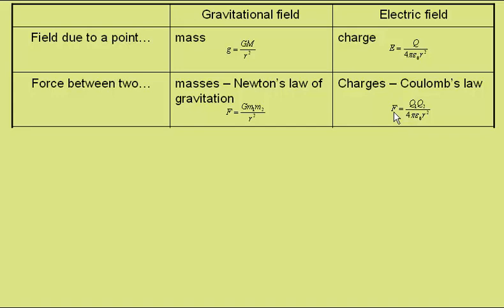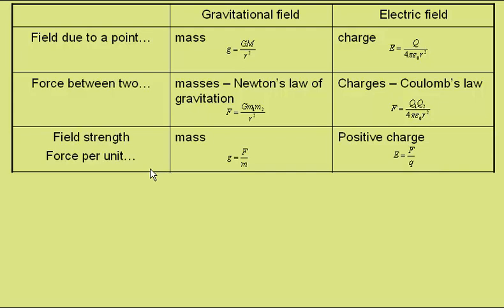The force again in newtons is given now by the product of the two charges in coulombs over 4 pi times epsilon naught times the separation of the charges in meters squared. So again, the two expressions follow basically the same format, just with a different constant of proportionality. Here the gravitational constant, and here 1 over 4 pi epsilon naught.